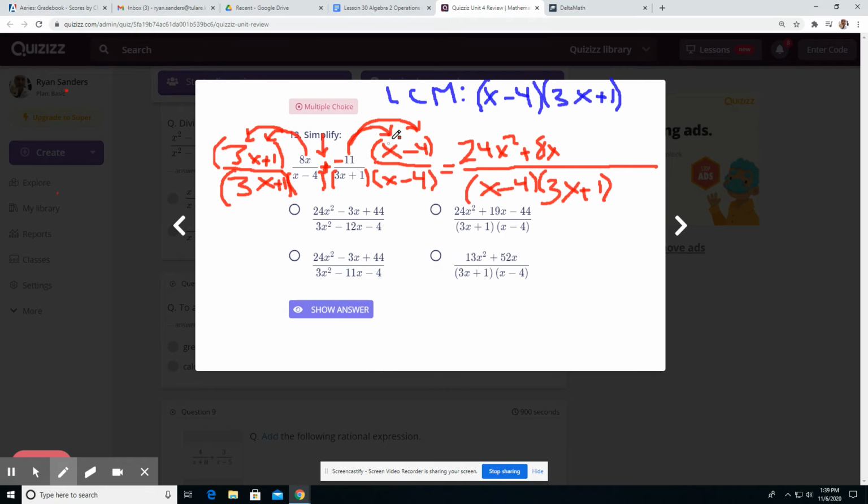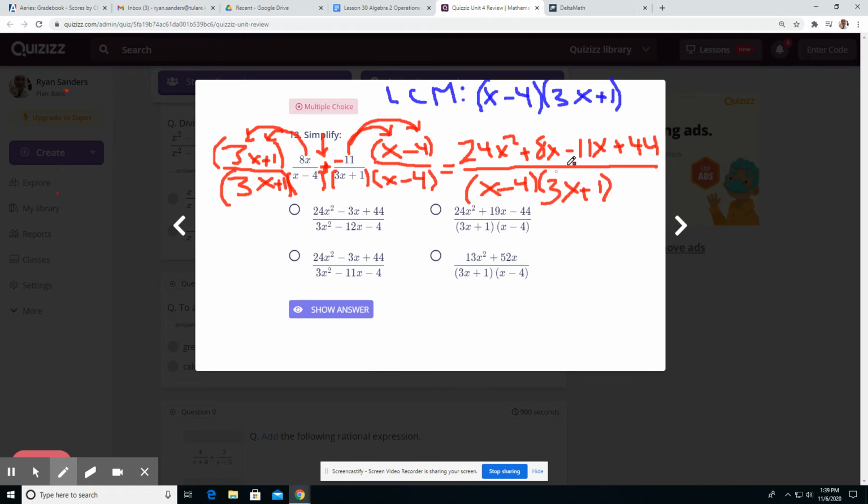On this side, negative 11 times x is negative 11x. Negative 11 times negative 4 is positive 44. All right. Now, if I hadn't moved that negative sign up, this would have been a negative sign, and I would have needed another parenthesis. It just makes it more complicated. So this way it streamlines it a lot.